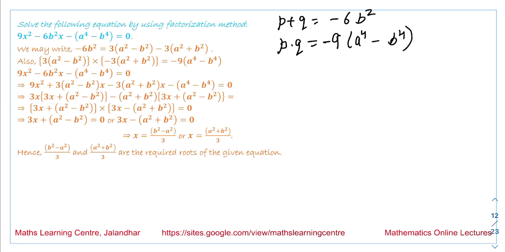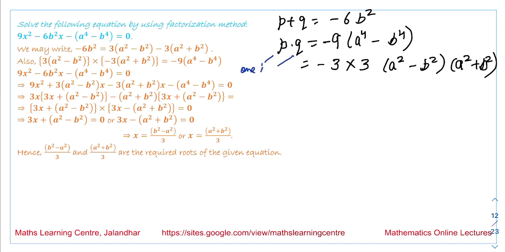If we factorize it, it is 3 into (3 times (a square minus b square)) into (a square plus b square). The negative sign is there, which means one of p and q will be negative and the other positive.